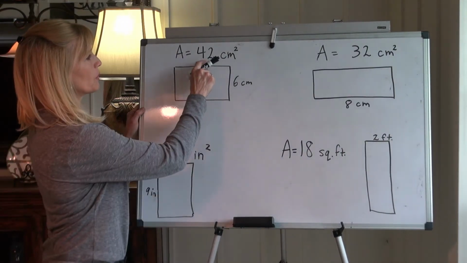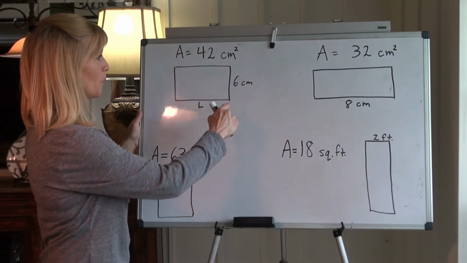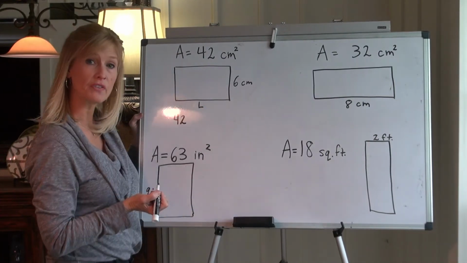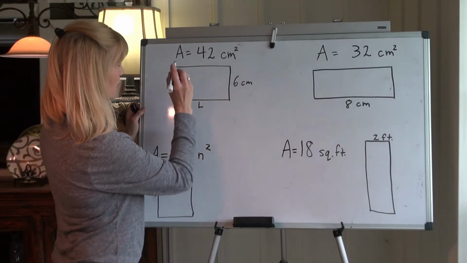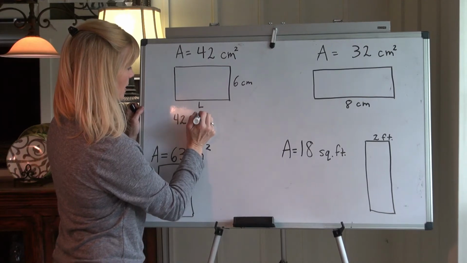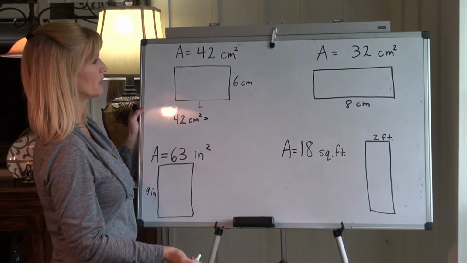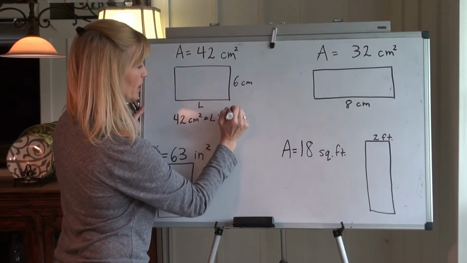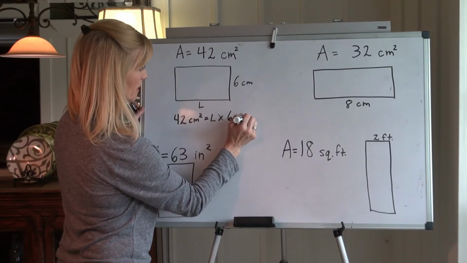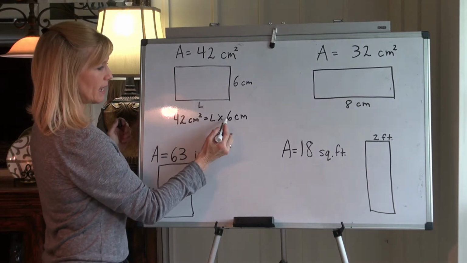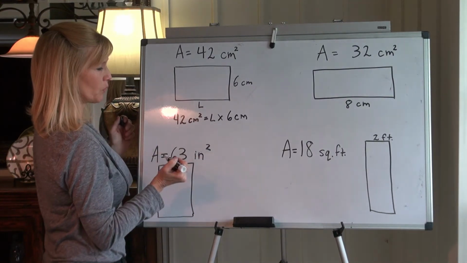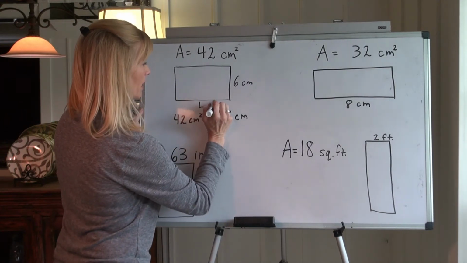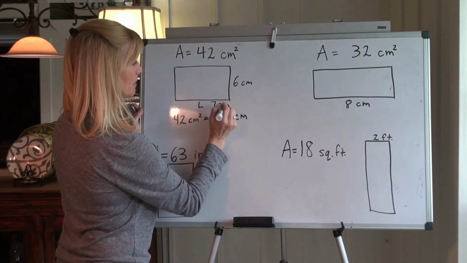Area is 42 square centimeters. We know that the width is 6, so what is the length? It's very easy to find out. Our area is 42 square centimeters. We know our length is what we're looking for, and we know the width is 6 centimeters. So what times 6 is going to equal 42? So L, our length, we know is going to be 7 centimeters.